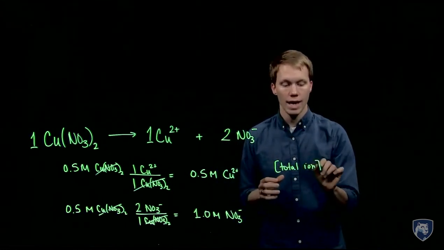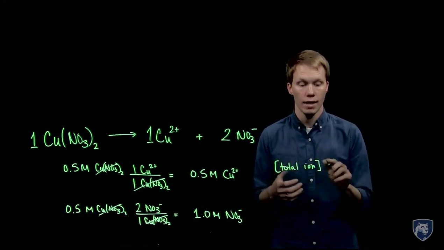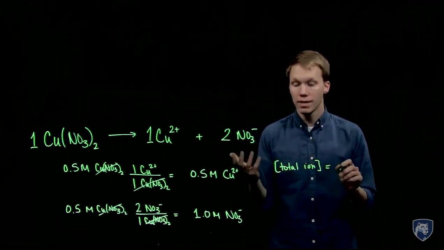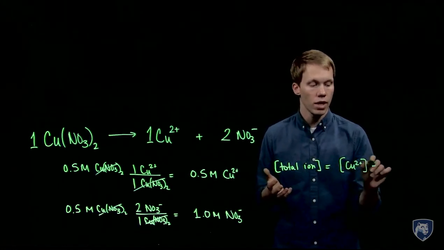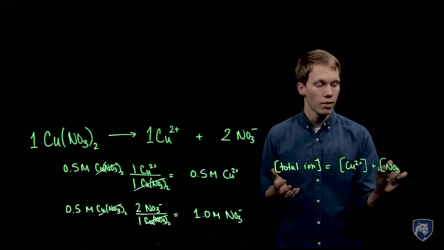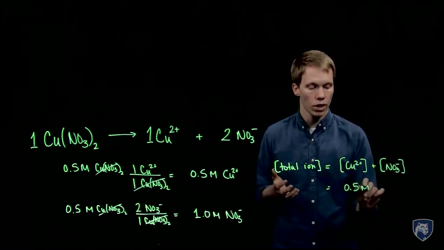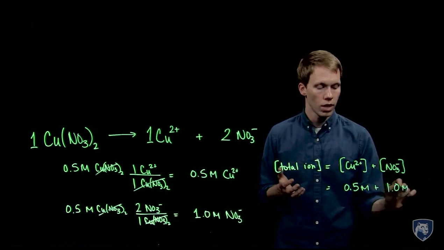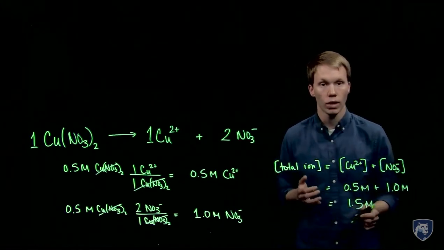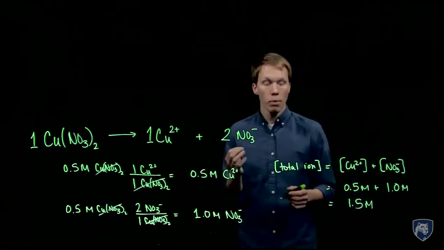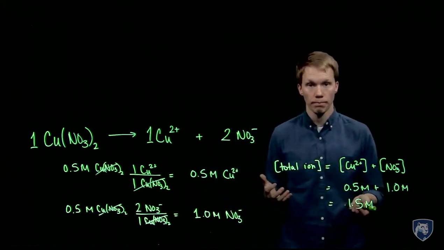So if I say total ion in brackets, that means the concentration of the total ions would be the sum total, in this case, of the copper 2+ concentration plus the NO3- concentration. And here that's 0.5 molar plus 1 molar, giving me a total ion concentration of 1.5 molar. That means I have 1.5 moles of ions in this solution.